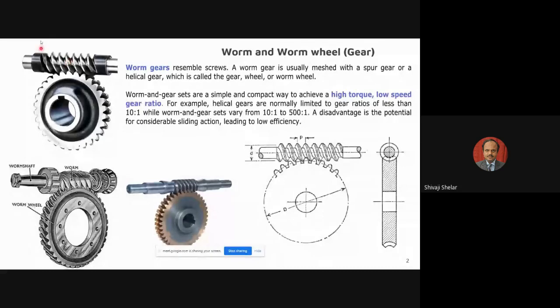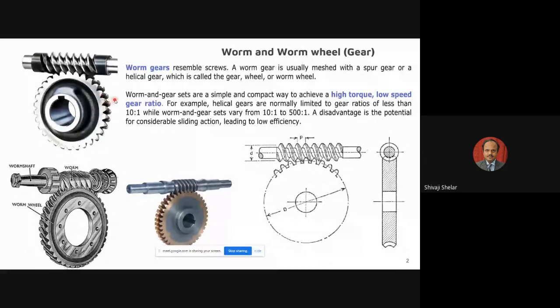As the diameter increases for this worm, you can go for a higher number of starts, depending upon the speed ratio required. Then the other part, the gear element, which is called worm wheel, has teeth cut on it.